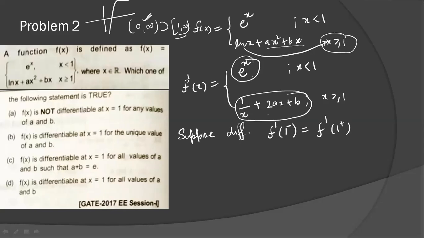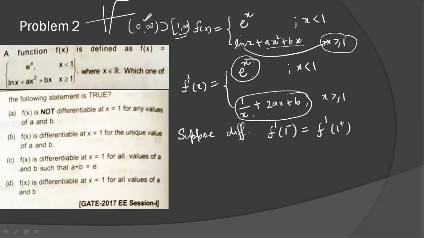This is telling only the existence of the left hand derivative and right hand derivative. The left hand derivative exists because the exponential function is differentiable in this given domain, and here this function is differentiable in this given domain. Now, for the differentiability condition at x equal to 1, the left hand derivative must be equal to the right hand derivative.